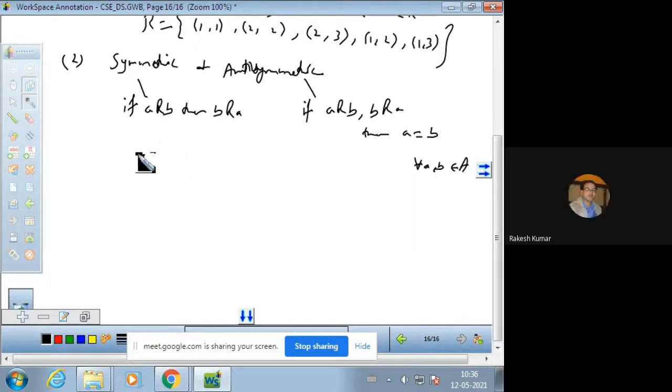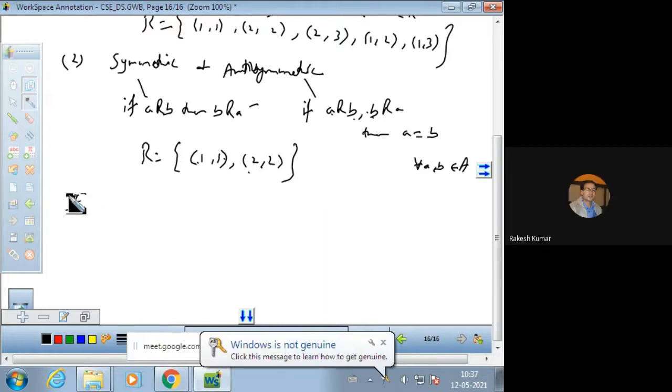So for the same set A, we can take the elements of a relation that is (1, 1), (2, 2). Now this relation is a symmetric relation because if 1 is related with 1, then obviously 1 is also related with 1. Similarly, in case of (2, 2). Now if A relates B, B relates A, then both are same. So this satisfies the relation which is both symmetric and antisymmetric.